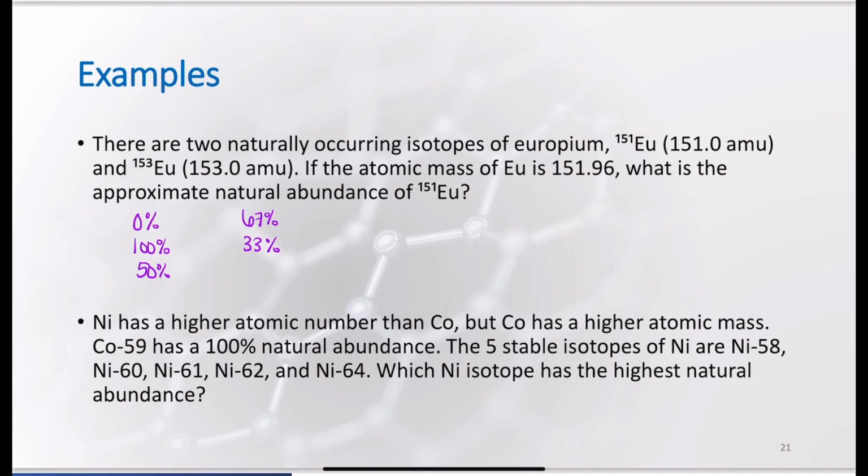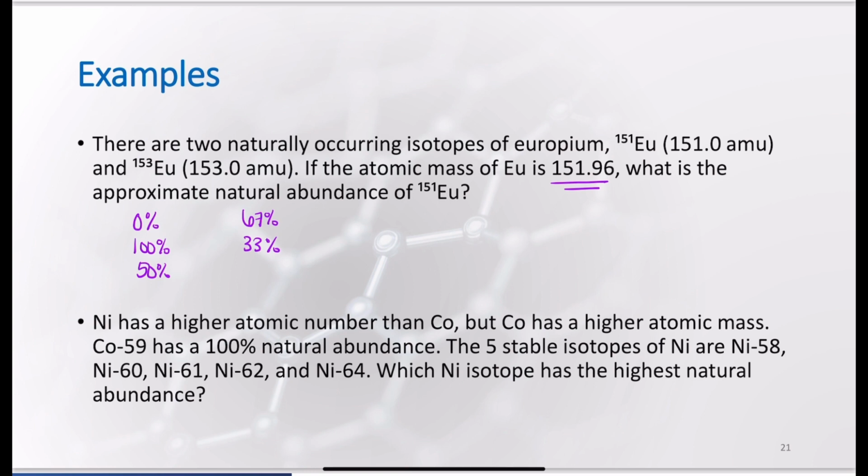So I have 2 naturally occurring isotopes. I want to know the approximate natural abundance. It tells me the atomic mass of europium is 151.96. That means if I have 1 mole of europium atoms, we'll talk about the mole in just a bit, it would weigh 151.96 grams.